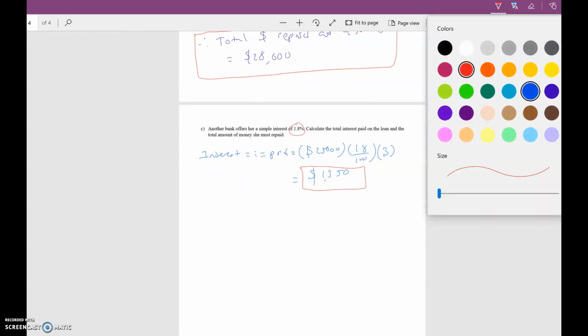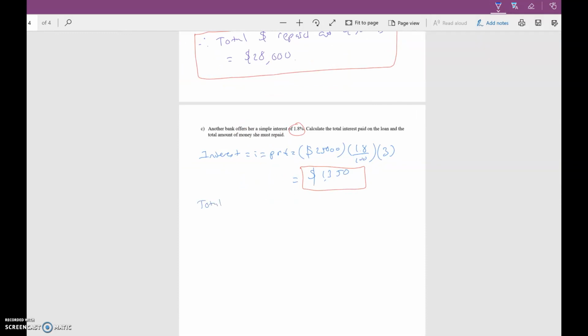So total money repaid is equal to the interest plus the loan. So in this situation, we're looking at 1350 plus the 25,000. So we're going to end up with, I'm getting 26,350.